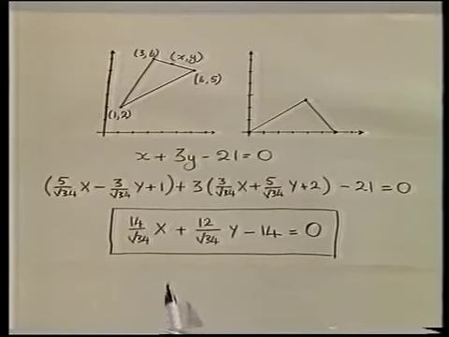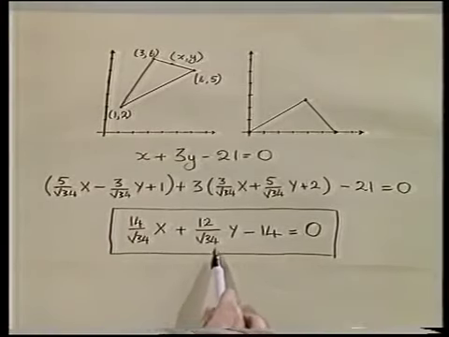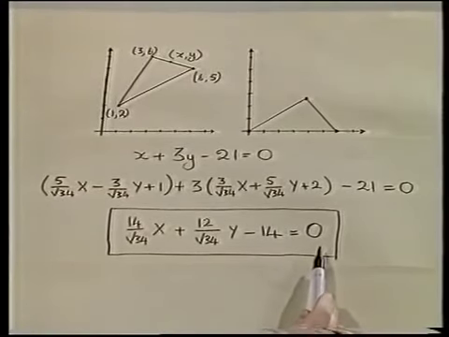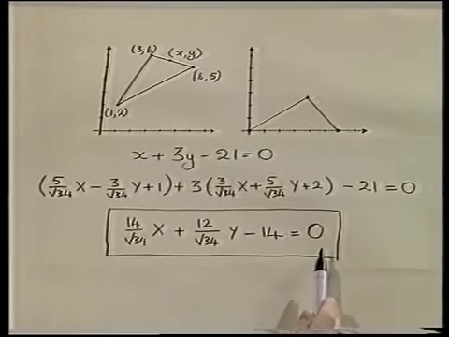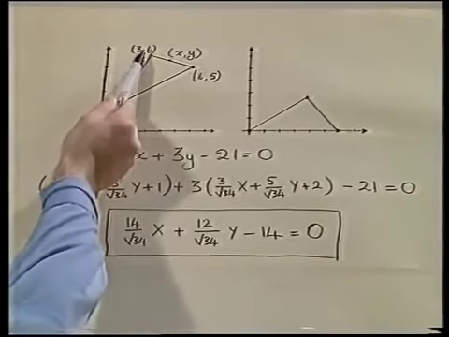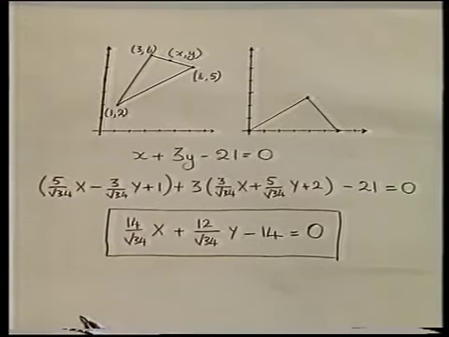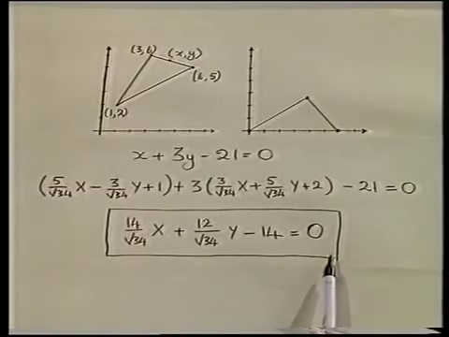Now let's just have a look at this. It's of the form number of x's, number of y's, the number equals 0. So it's the right form of equation to represent a straight line. So what have we shown? Well, we've shown that if we take the coordinates of any point on this line, they do indeed transform to a point whose coordinates, capital X and capital Y, satisfy the equation of a straight line.